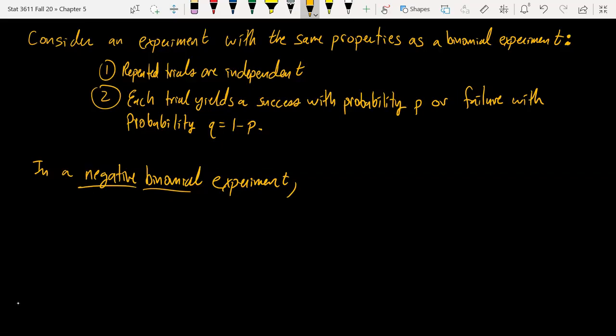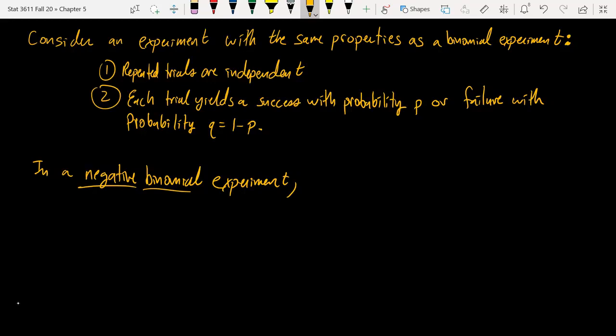And we count the number of trials it takes to get that number of successes. So very closely related to binomial. In a binomial, you're fixing the number of trials, counting the number of successes. In negative binomial, you're fixing the number of successes, counting the number of trials it takes to get those successes.